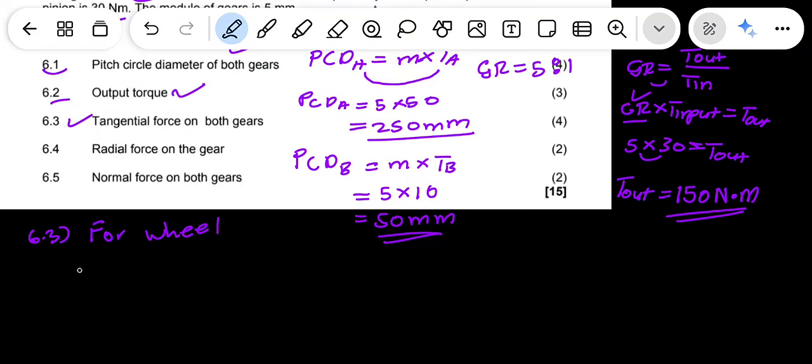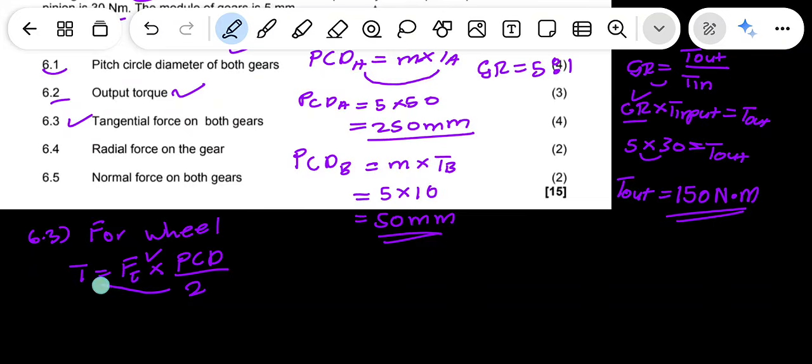You know the formula: the torque is equal to the tangential force multiplied by the PCD divided by 2. But they want the tangential force, so we make it the subject.